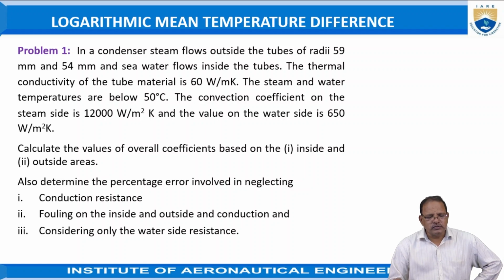The thermal conductivity of the tube metal is 60 watts per meter per degree Kelvin. The steam and water temperatures are below 50 degrees centigrade. The convection coefficient on the steam side is 12,000 watts per meter square per degree Kelvin, and the value on the water side is 650 watts per meter square Kelvin now.